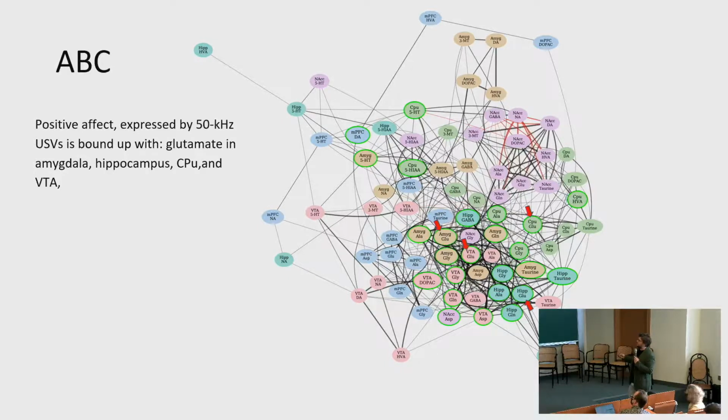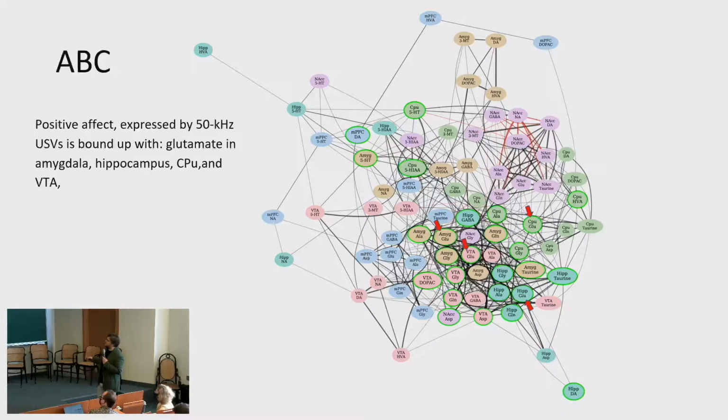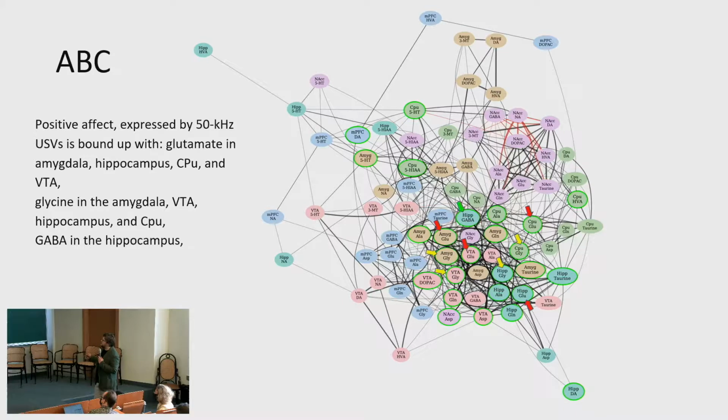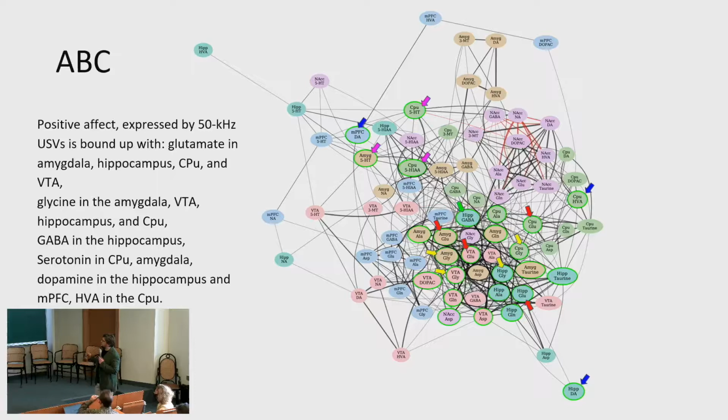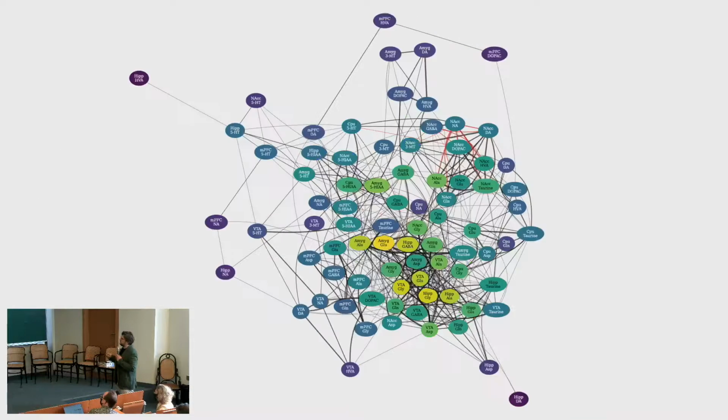The positive effect expressed in the 50 kilohertz ultrasounds is bound up with glutamate in the amygdala, hippocampus, CPU, and the VTA, glycine in the amygdala, VTA, hippocampus and CPU, GABA in the hippocampus, and serotonin in the CPU and in the amygdala, and also dopamine in the hippocampus, mPFC, and metabolites in the CPU.